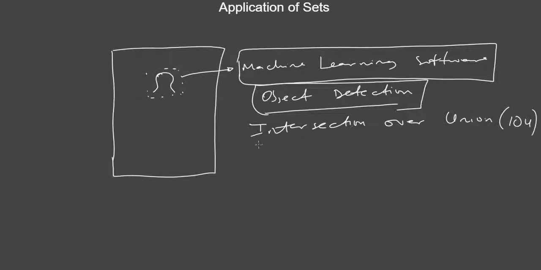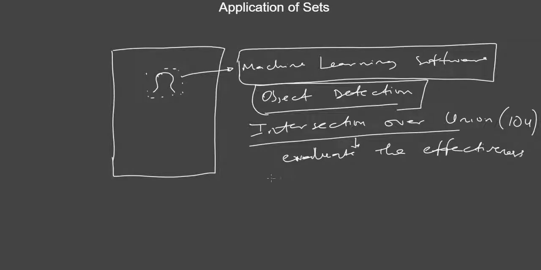So this is a concept that computer scientists or machine learning experts use to evaluate the effectiveness of an object detection code, right?